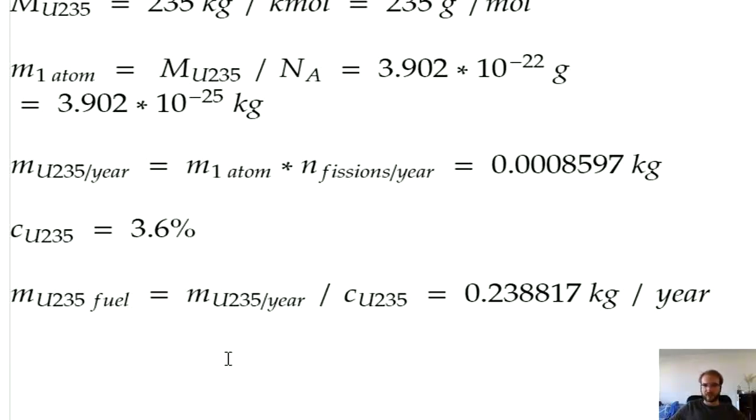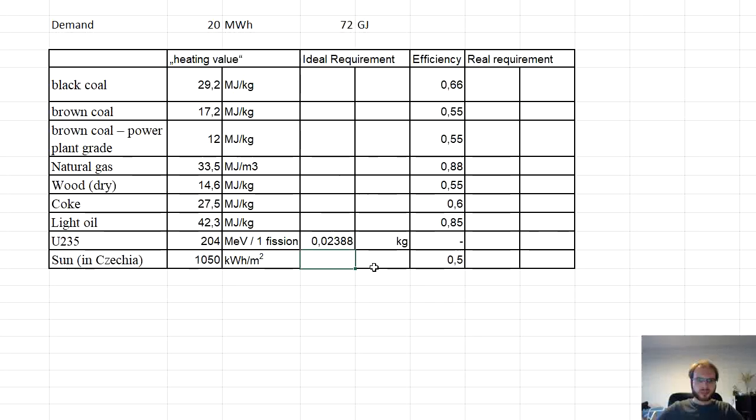Now let's have a look at how it is with the other types of fuels regarding the results. So we got successfully to the value of the demand of the uranium fuel, which is about 24 grams per year. And now we can go, as I have shown you before, with the method of how to get the requirement for the other fuels.